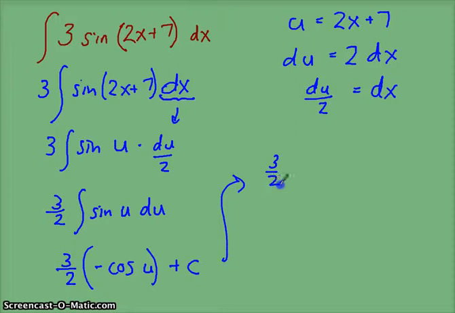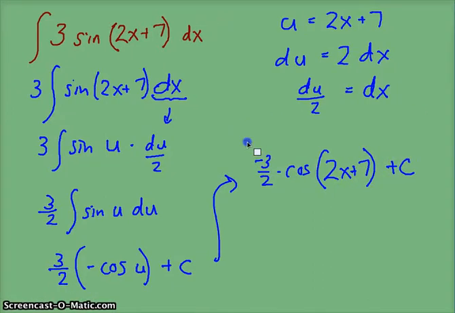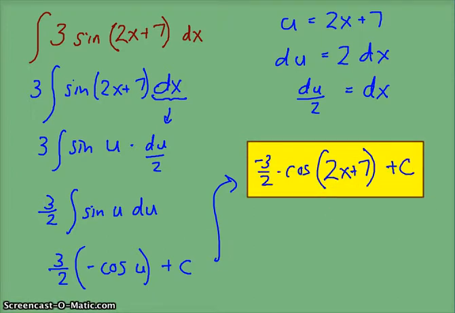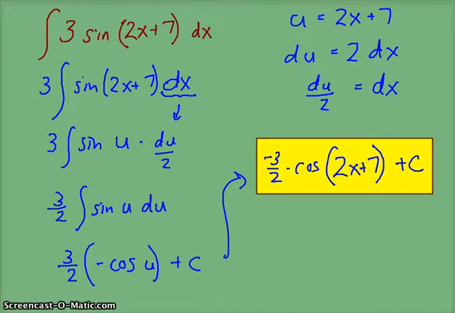So that's 3 halves, negative 3 halves cosine of our u plus c. All right. Okay, and as you're going through practice problems and so on, if you want to check this, you could find the derivative of this function, and hopefully you get this.